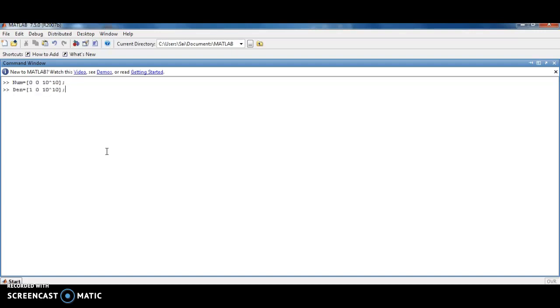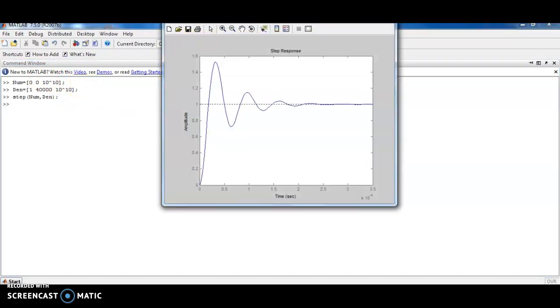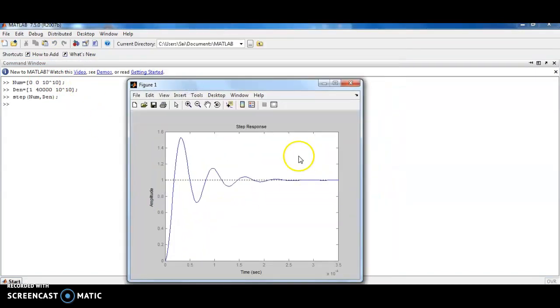In the denominator we have s square plus 40,000 s plus 10 raised to 10. So step numerator comma denominator. This is the inbuilt command which is available in MATLAB. The numerator and denominator we are defining. So we are getting the graph here.